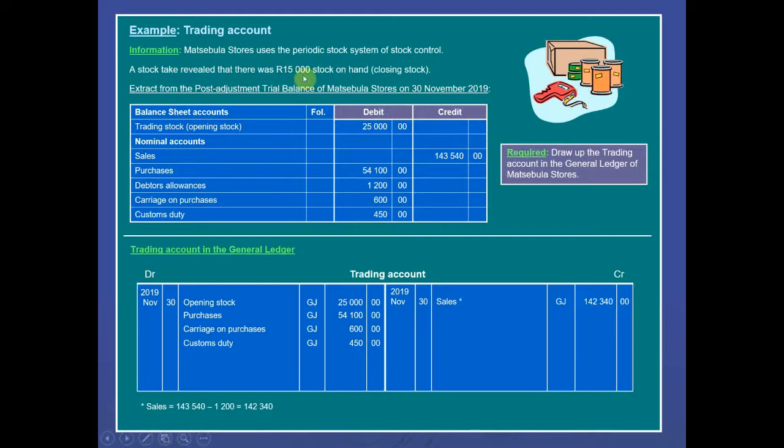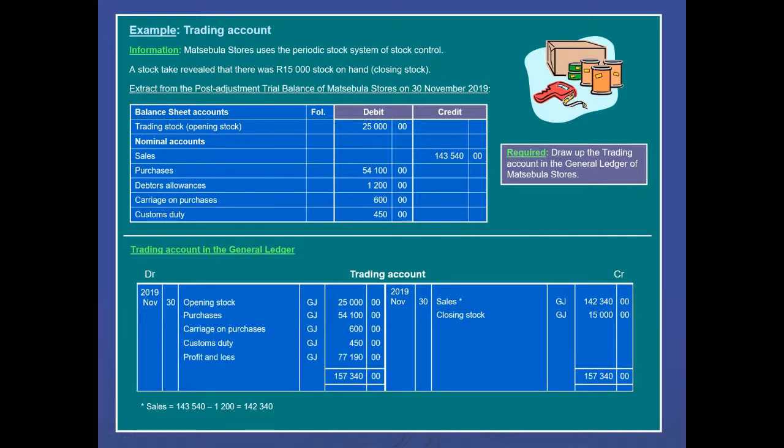And then we have a stock take of 15,000. Remember that's the closing stock. It will be on the credit side. And then hopefully we have more on the credit than the debit side. Then we still need something on the debit side, and that would go to the profit and loss account.